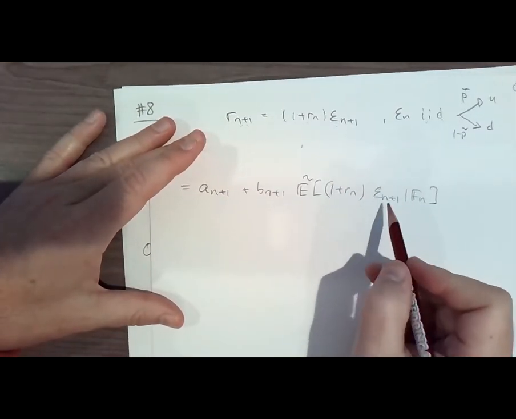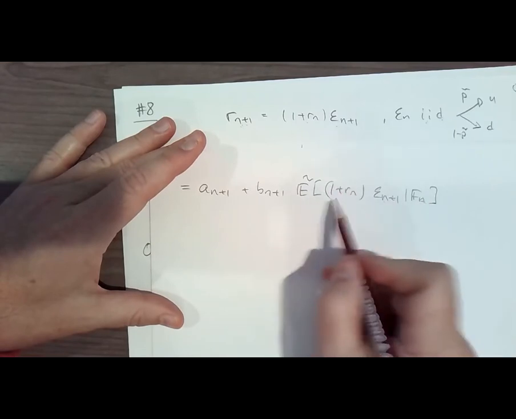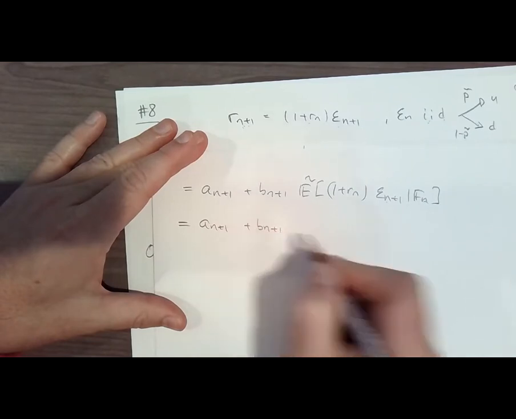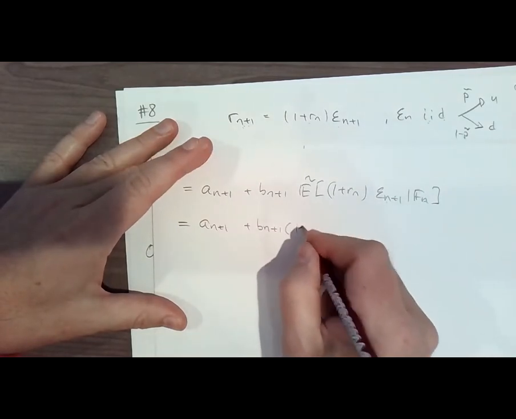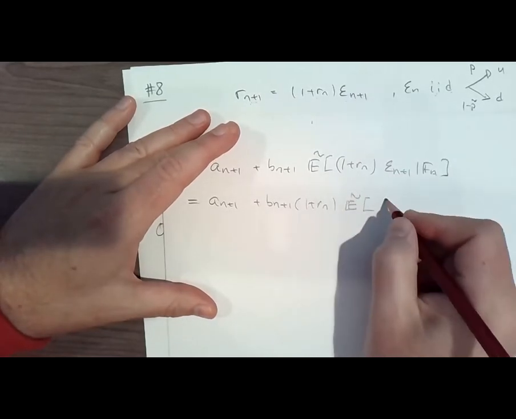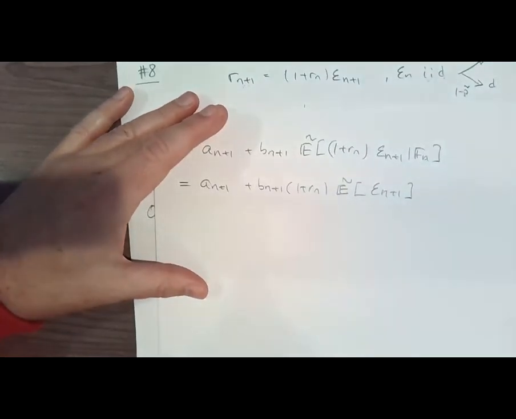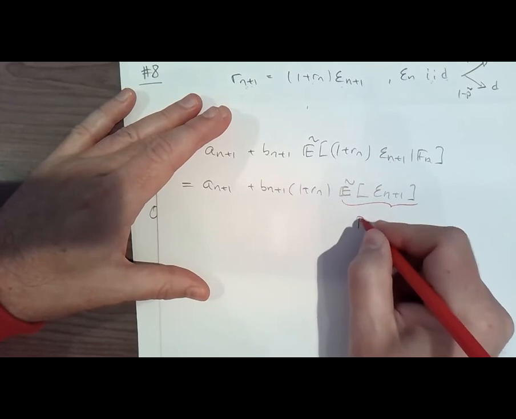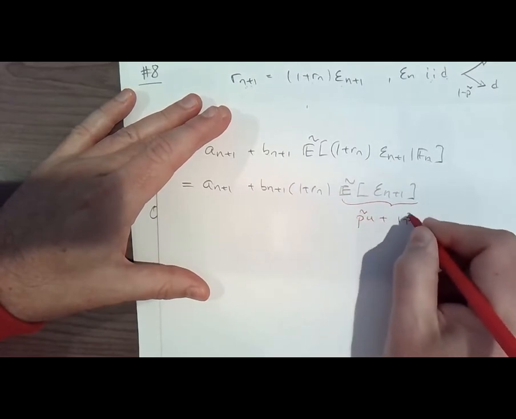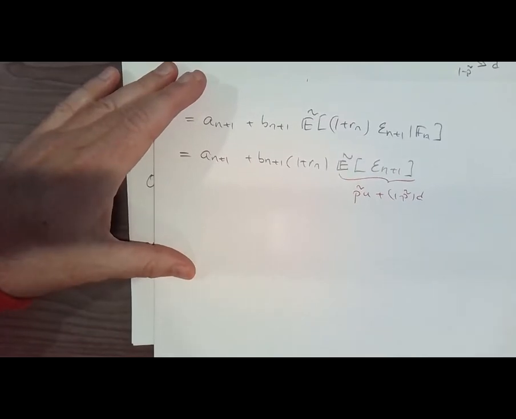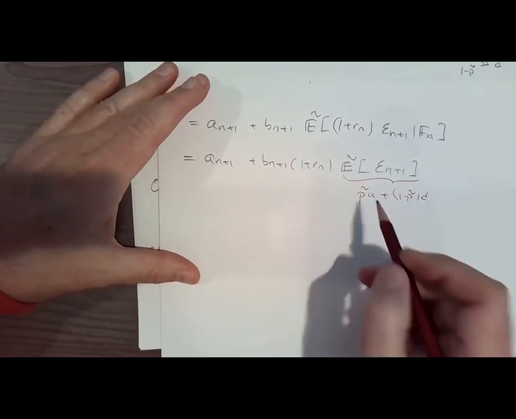This is good because epsilon is independent of that one, and this part here is measurable, so it travels outside. 1 plus rn, and then the expectation of epsilon n plus 1, which we can work out exactly as we did before. This will be p tilde u plus 1 minus p tilde d. Then we collect terms.